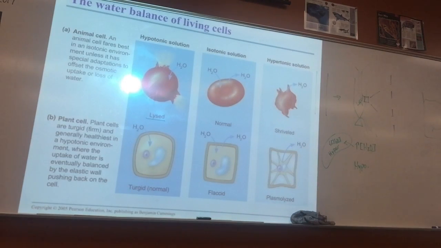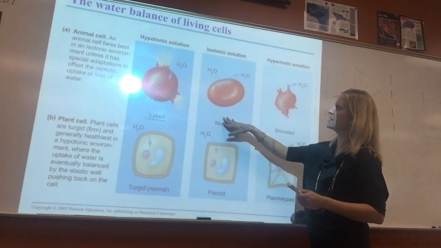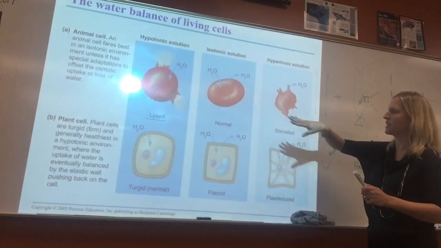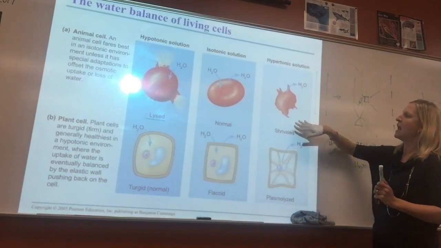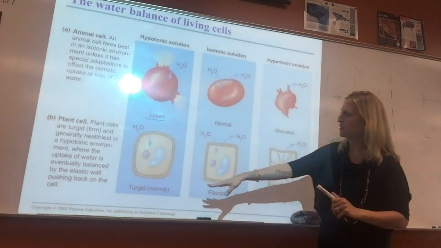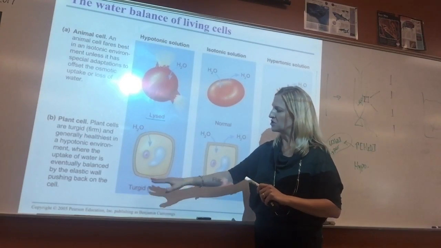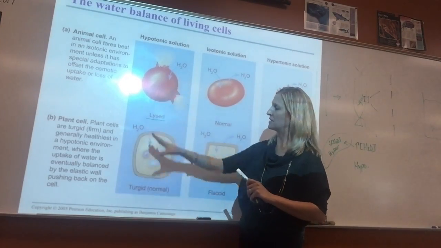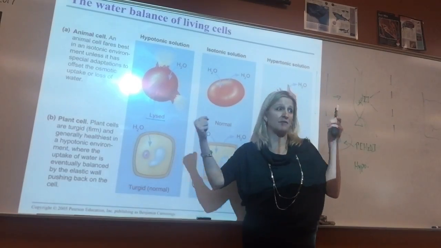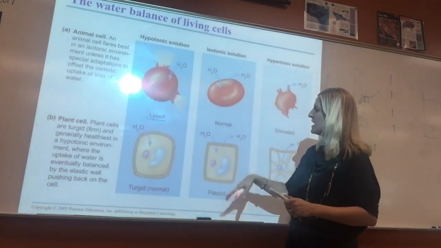It means to poke, split or cut or poke holes in. And so this is a normal cell for animal cells, so that's the ideal situation, and this is shriveled up. When we look at the plant cells in a hypotonic solution, this is the normal condition or ideal condition for plant cells to be hypotonic, and it's turgid, meaning very rigid and stands up very straight.